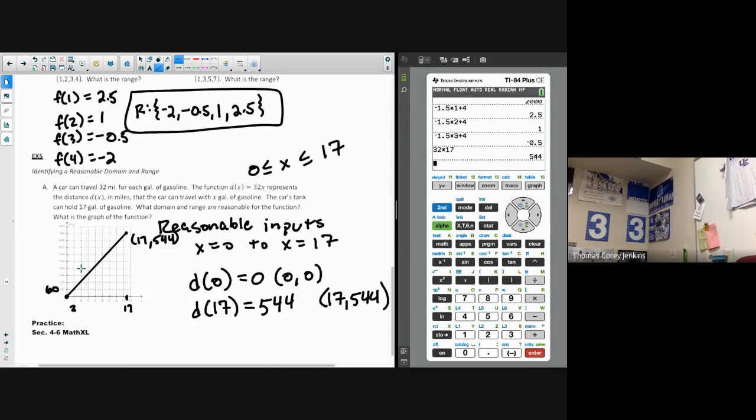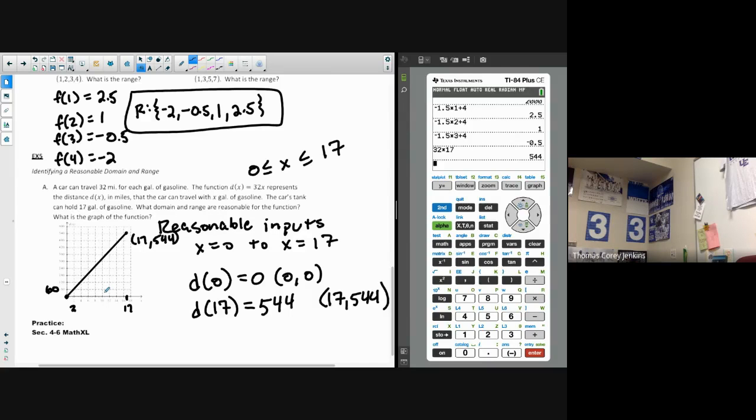And then the last part is the formalizing part. How can I write out the domain and the range? Well, I've already done the domain, okay? What people want to do is say 0, 2, 4, 6, 8, 10, 12, 14, 16, and 17. That's not true though, right? Because you could have 0.5 gallons. You could have 10.2 gallons, right?